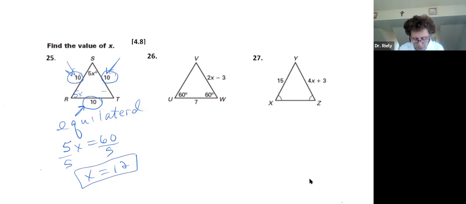You could have made all the angles 5x. Then you could have said 5, 10, 15x equals 180, divide by 15, divide by 15, and that's still going to get you x equals 12. So you can do that either way, but don't pull in the 10s to your calculations, okay?